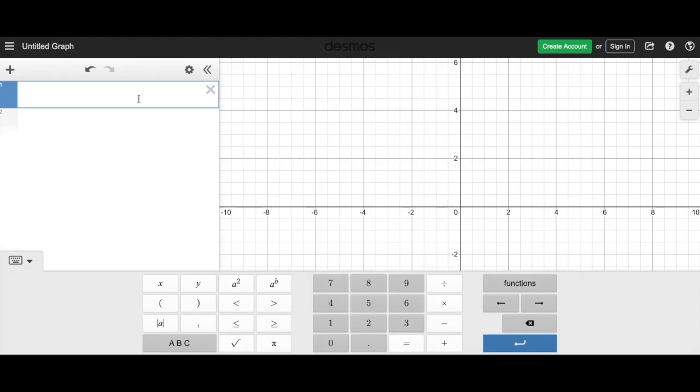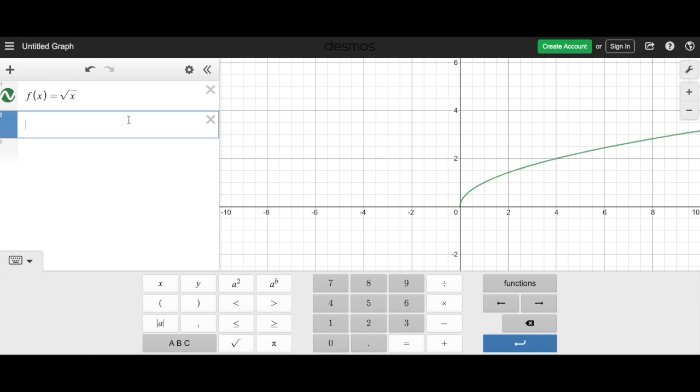We're going to start by putting our parent function in the graph so that we can see where we're going from here. Our parent function was the square root of x. And now let's build our new function, which was the square root of x plus 2. Here we see that we are shifted to the left 2 units.